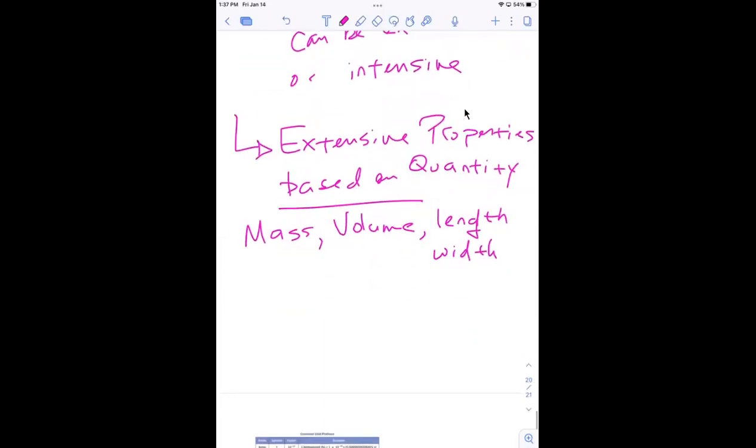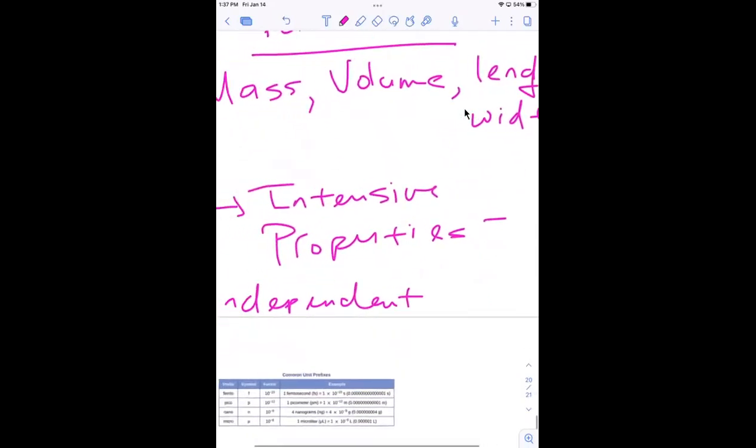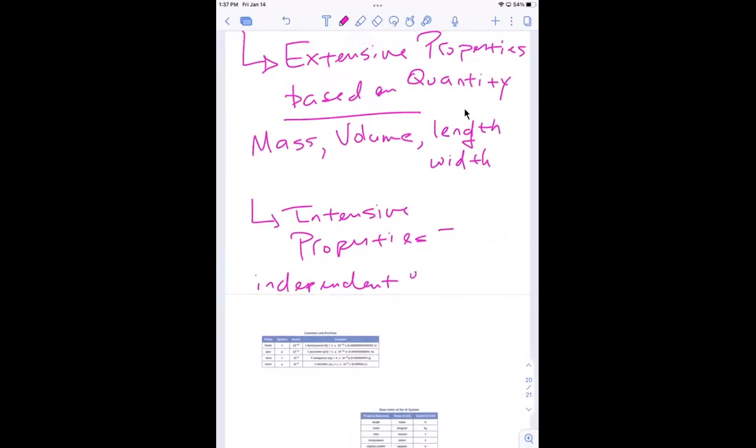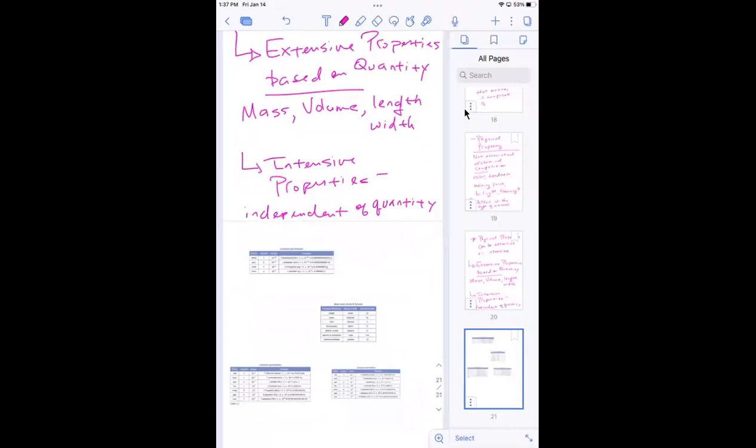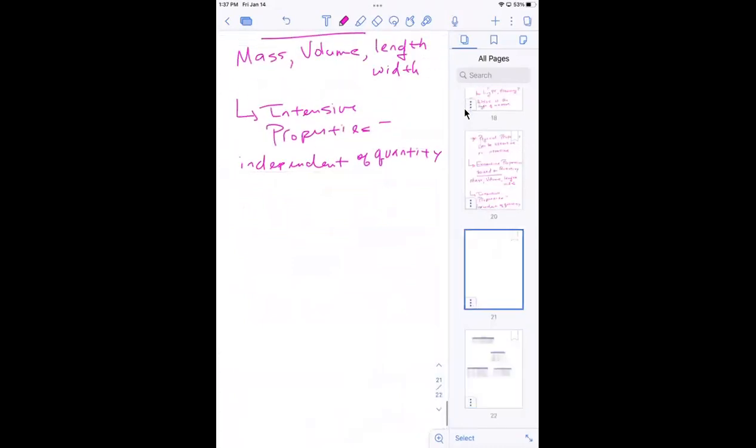And then intensive properties, right? These are independent of quantity. Tell me something where the quantity doesn't matter, a physical property where the quantity doesn't matter.